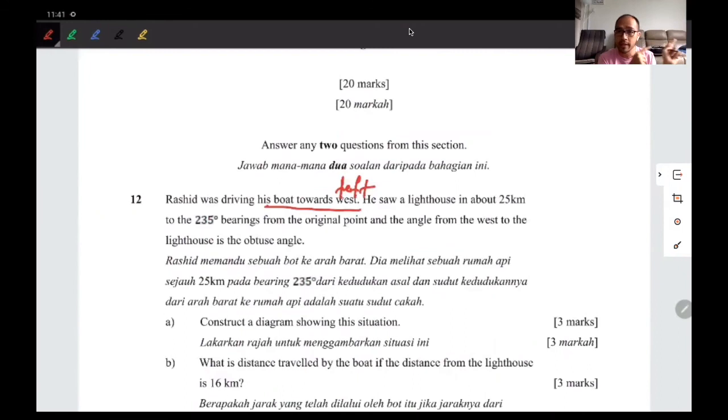He saw a lighthouse about 25 kilometers at a 235 bearing from the original point. If you don't know your bearing in modern maths, then oh well. And the angle from the west to the lighthouse is an obtuse angle.